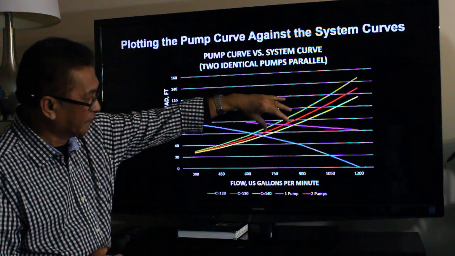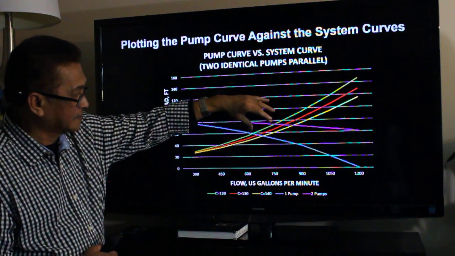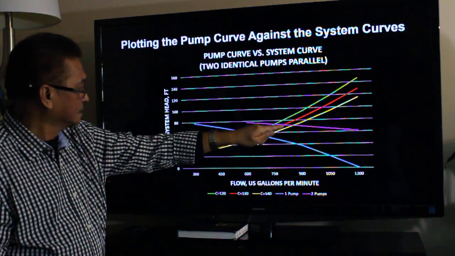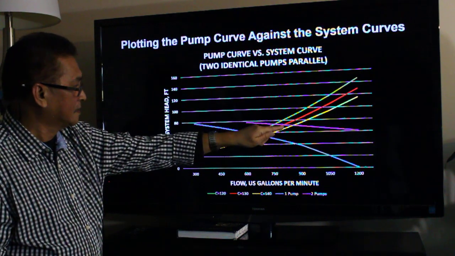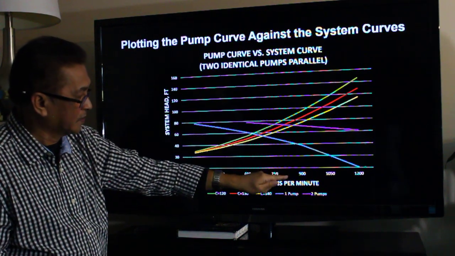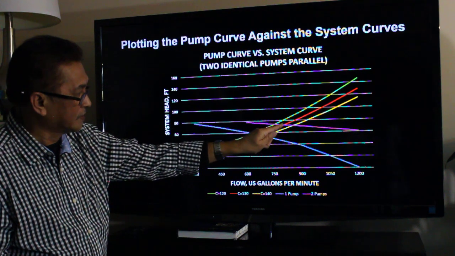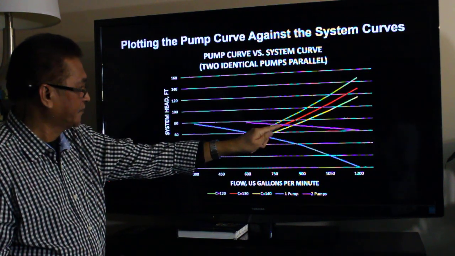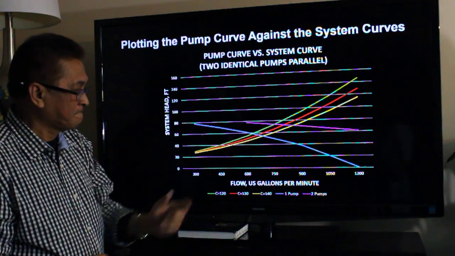So it will double the flow for a specific head value, and you will see that the operating point has now raised to a higher system head, and also the flow will increase. So at this point, it will be close to 900 US gallons per minute, and the head will be close to 80 feet, at this point.